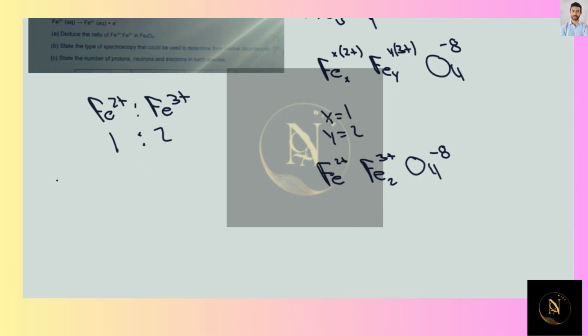Now for B, we want to state the type of spectroscopy that could be used to determine their relative abundances. And in this case, there are going to be two techniques that are going to be relevant to us. The first one is going to be Mossbauer spectroscopy, which is going to be based on the Mossbauer effect. This is going to be written as Mossbauer spectroscopy.